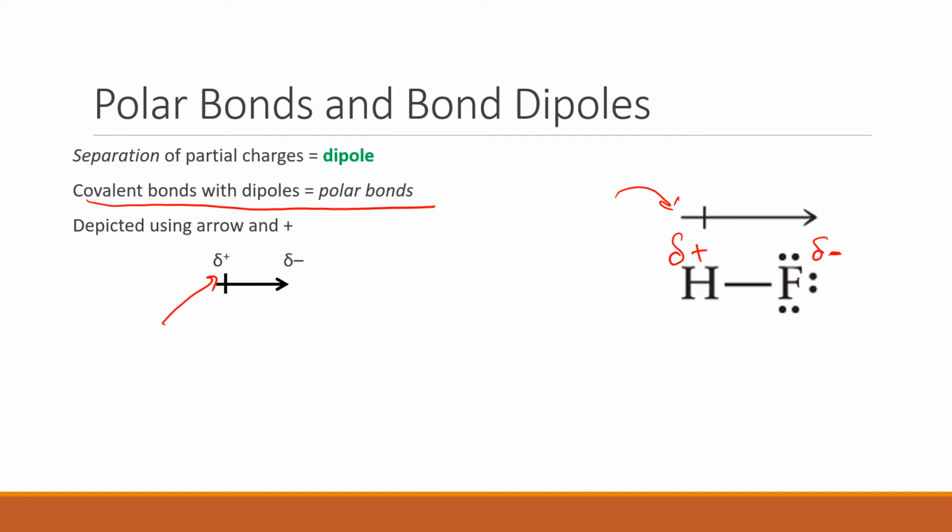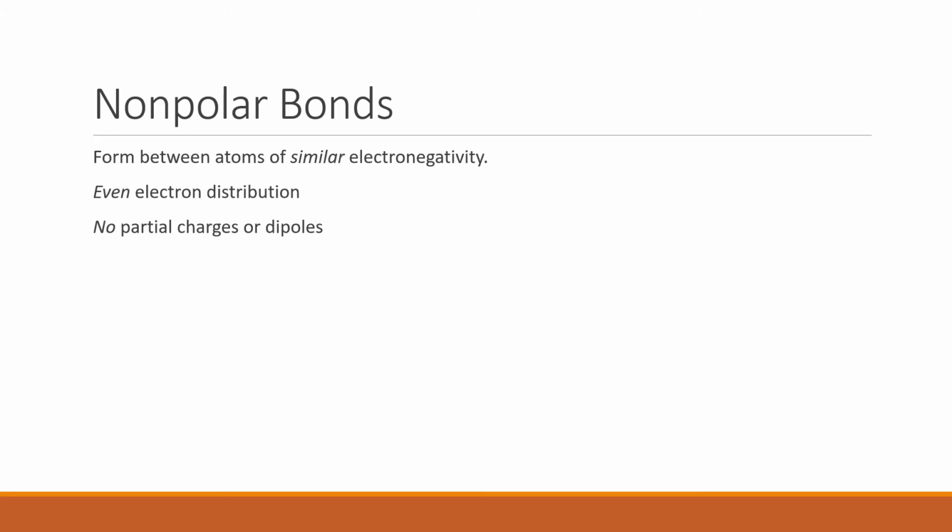A polar covalent bond is often depicted by an arrow running from the positive charge to the negative charge. The covalent bonds formed between two nonmetal atoms that have the same or very similar electronegativity values are classified as nonpolar bonds.